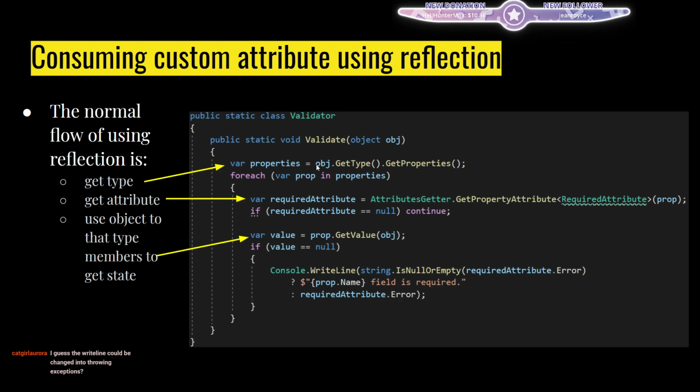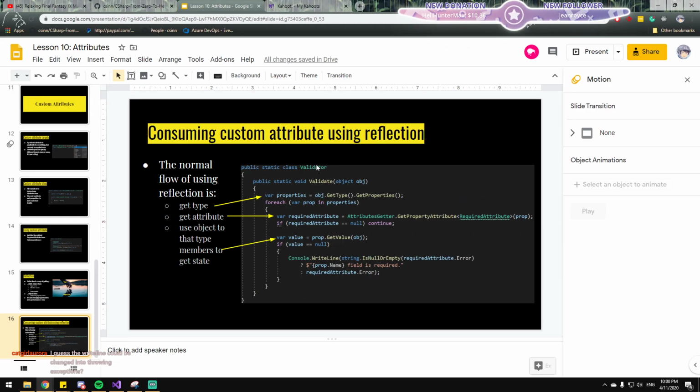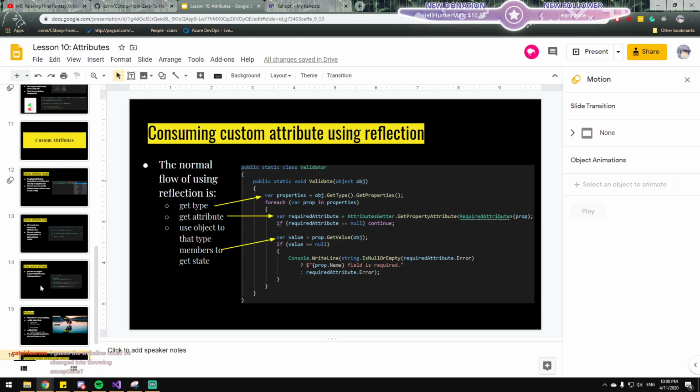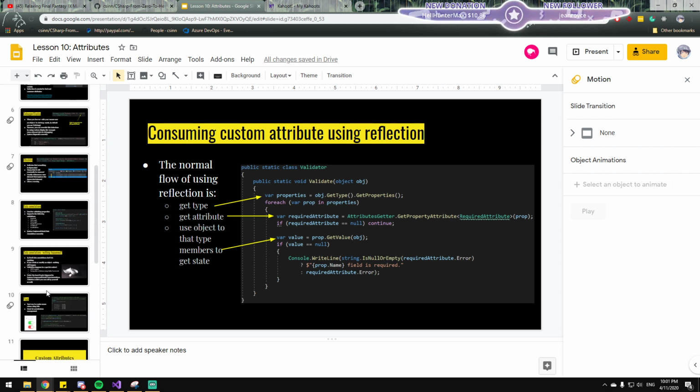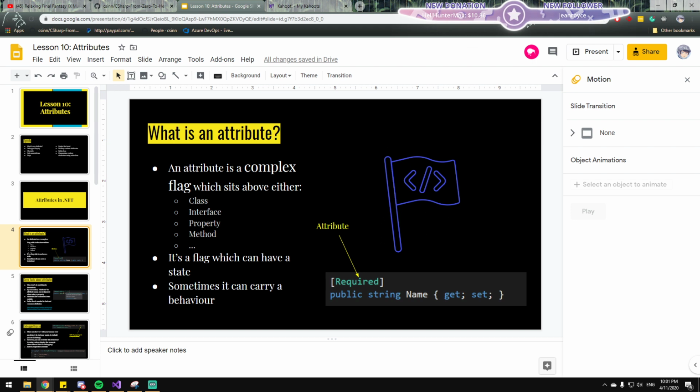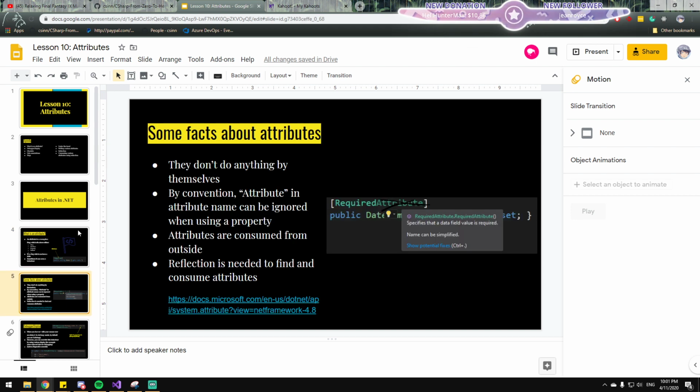And that's all that I wanted to show about attributes, both custom and built-in. For those who didn't see, for example, Attribute is not required to be written, only the class name without Attribute.